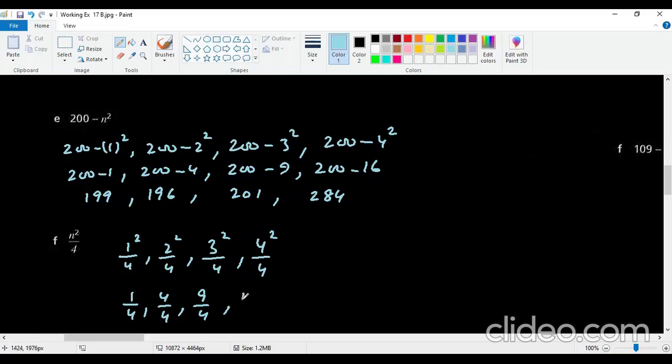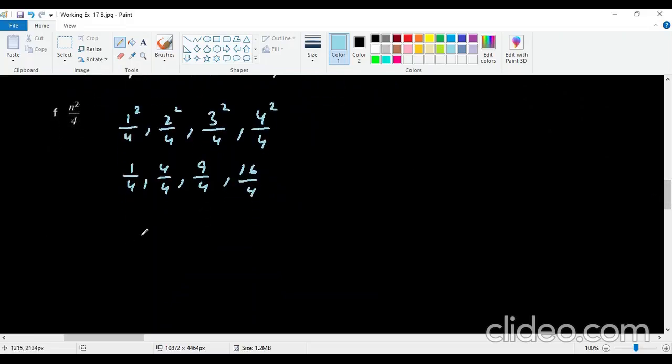That's how these terms are going to be. So you can write 0.25 for this. You can write 1 for this. And 9 divided by 4 is going to give you 2.25. And 16 by 4 is going to give you a 4. So this is the sequence that you have.